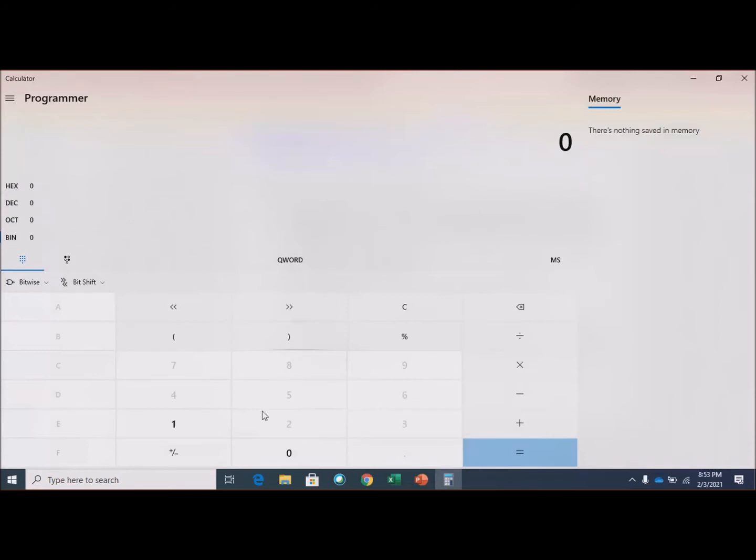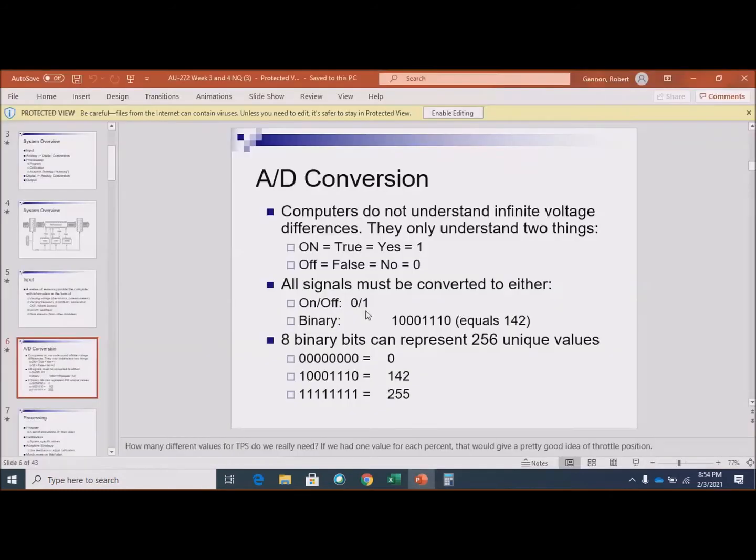Just a 0. If we go to 1, notice that the very first digit has changed to a 1. If I go to 2, we have 1, 0. If I go to 3, it's 1, 1. If I go to 4, it looks like a 100. So what's happening? Let me go back to the PowerPoint here.